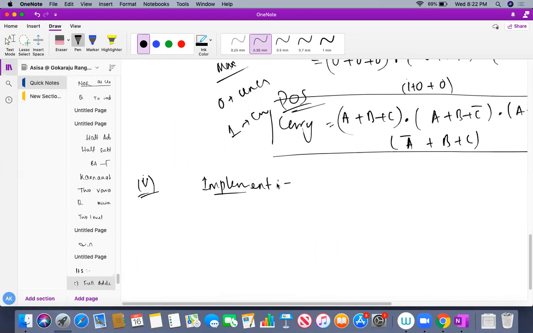In order to implement, you should know the functions. Sum is nothing else but A XOR B XOR C. Carry is nothing else but AB, BC and CA. Very simple. So I have these equations, I can easily implement it.